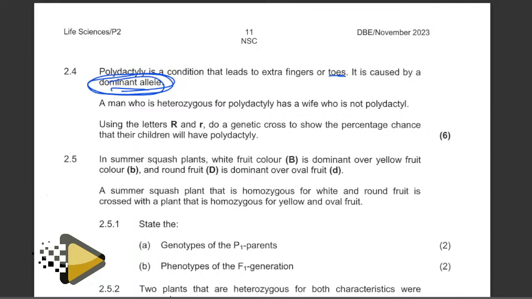A man who is heterozygous for this, meaning that is capital R, small r. Because they said use R, right? And a wife who is not, meaning that is recessive, so is homozygous recessive. Use the letters R and r, do the genetic cross to show the percentage chance that their children will have polydactyl. The percentage chance of having the polydactyl.